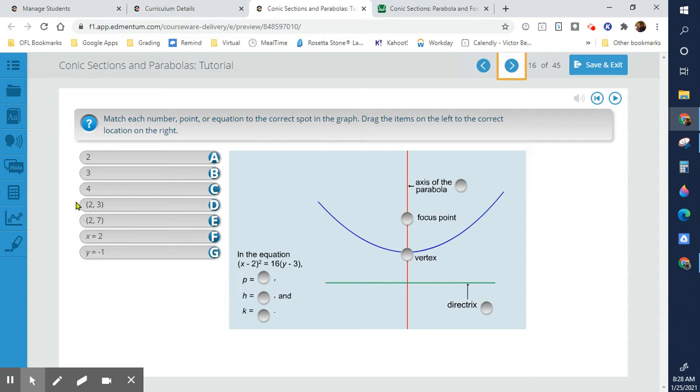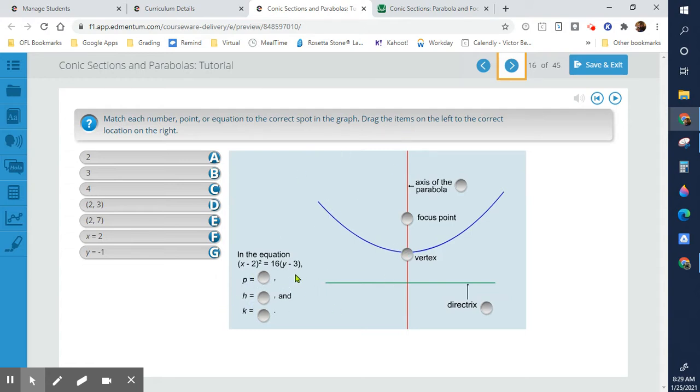So let's take a look here. So a vertex is right here. We have the axis of symmetry. So it's important to remember that the axis of symmetry of a point is always the x value of the vertex. So let's take a look at this formula right here. So this is the formula we've been dealing with a little bit. We have our h, our k, everything.